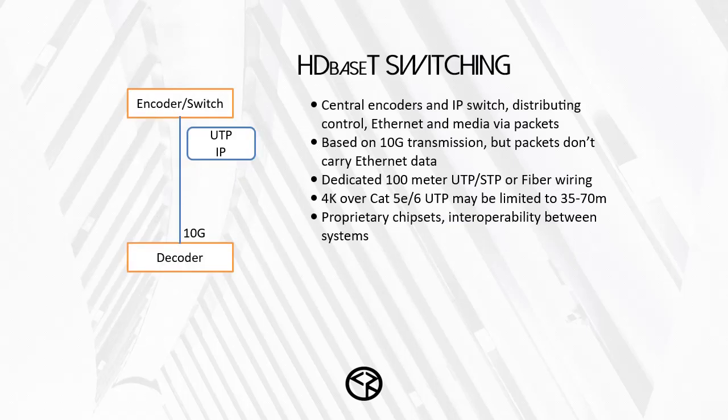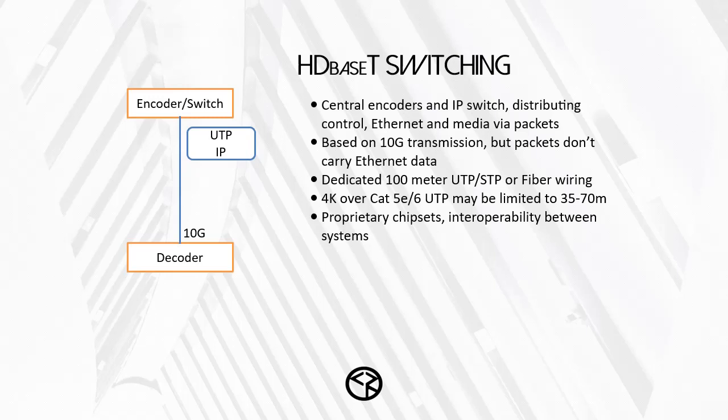AV switches that used Cat5 to carry signals weren't very reliable for many years until HDBaseT was developed. It operates just like a standard conventional AV switch did. However, it's actually based on IP technology. So you have, in one enclosure, central encoders and an IP switch inside.